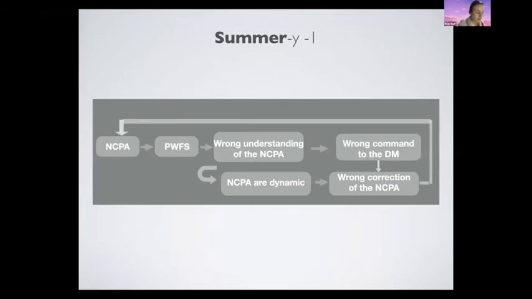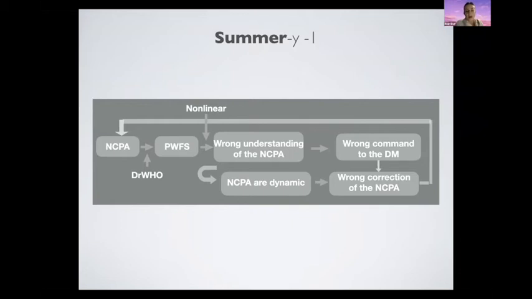Now I think I'm nearly reaching my time, so I will first give a summary of my presentation. As you can see on the left, we start from the NCPA, and this is where the Drwho algorithm comes in and tries to better understand what those NCPAs are and correct them with the pyramid wavefront sensor reference. However, this tricky pyramid wavefront sensor is non-linear, so that gives us a kind of wrong understanding of the NCPA, yet still good enough to correct some of them.